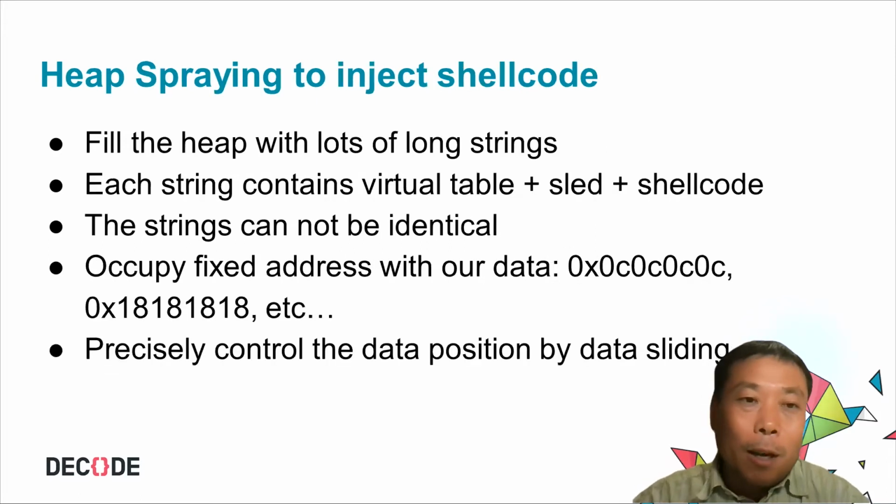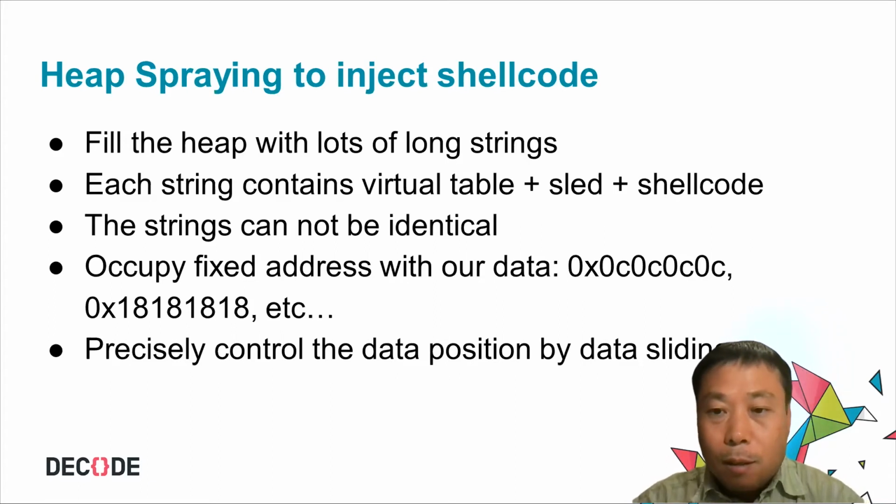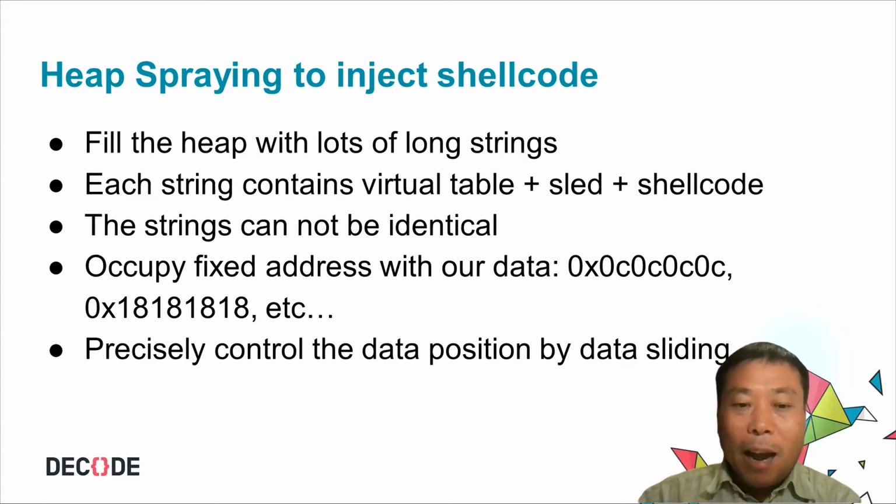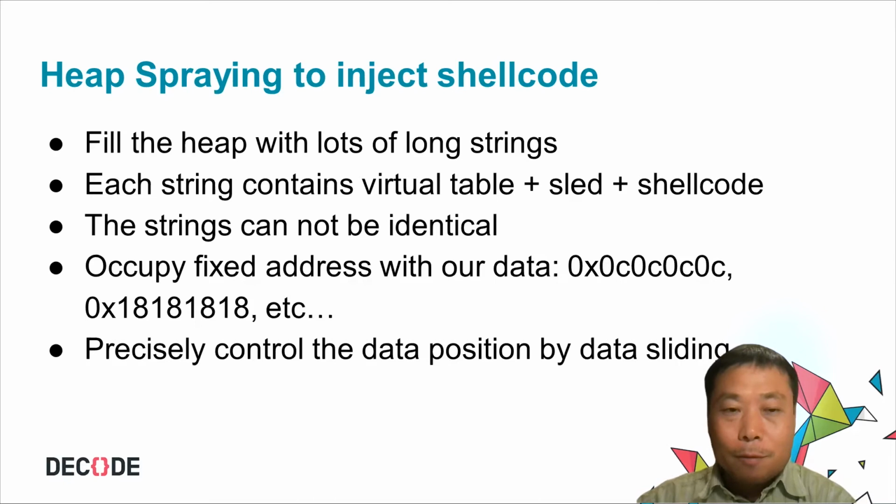Okay, so let's talk about the heap spray. The idea is to fill the heap with lots of long strings. In each string, there will be our shellcode, some sled code, and then the virtual table.